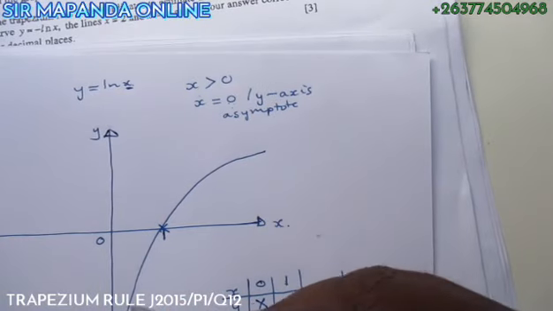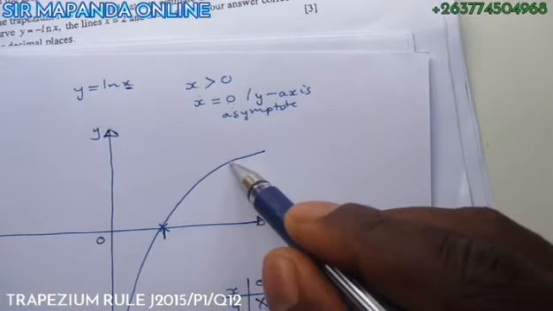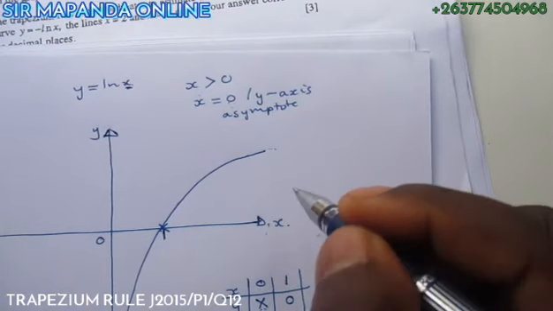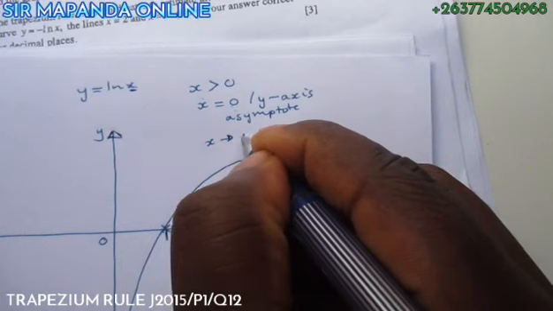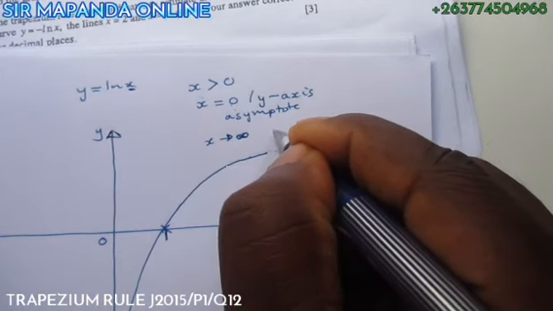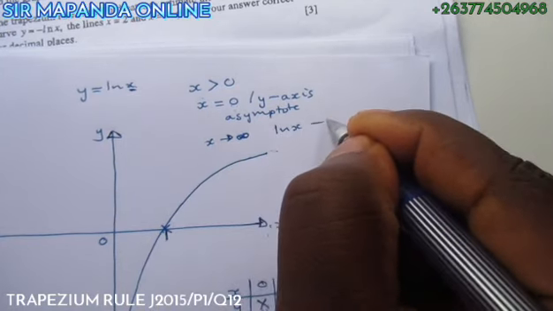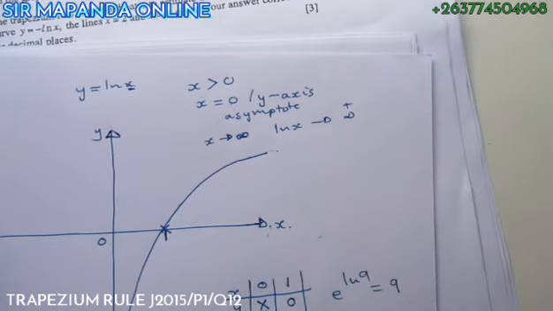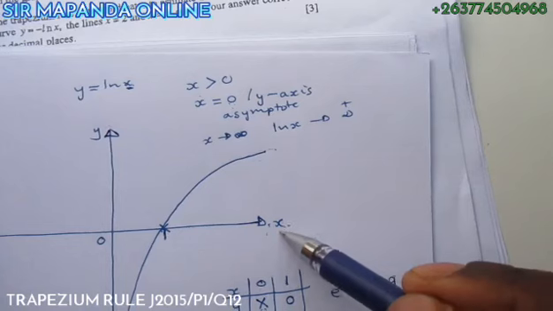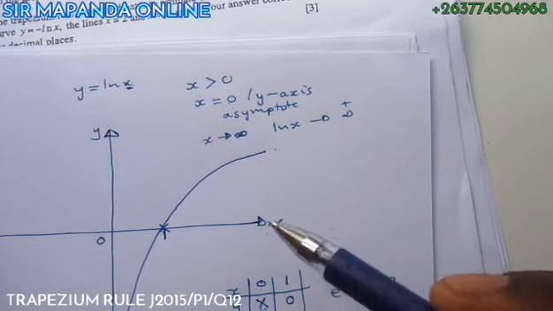Right. So my graph is heading above the x-axis. Why? Because when x approaches infinity, or when x becomes too large, ln x also approaches positive infinity. So the graph is above the x-axis, right?